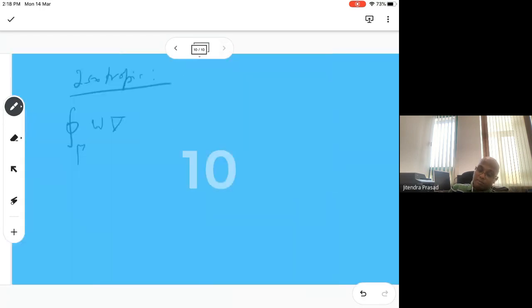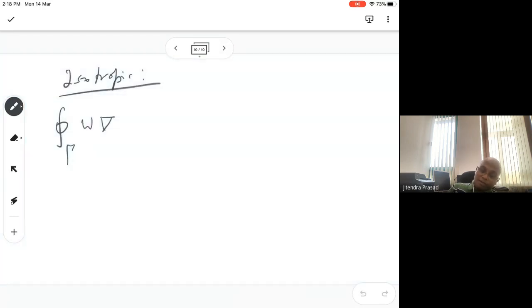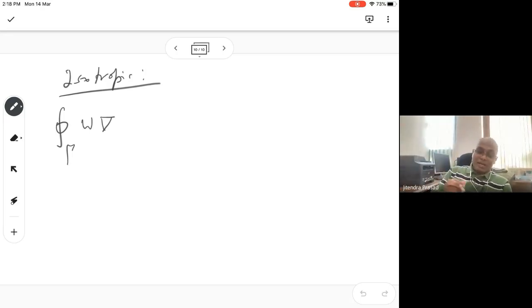Okay. So coming back to the original equation that we have to solve.